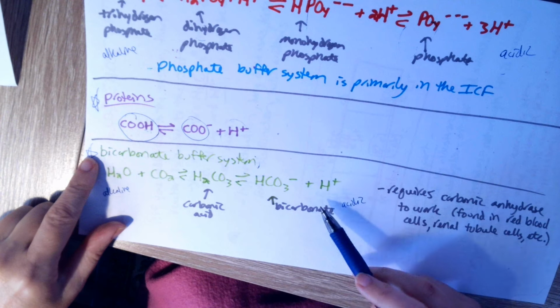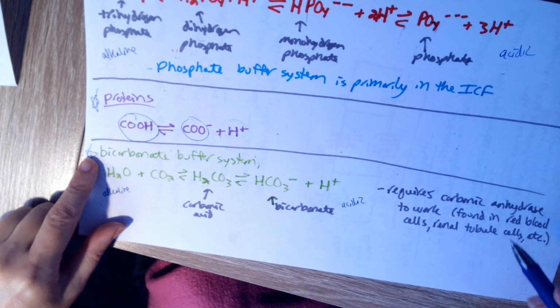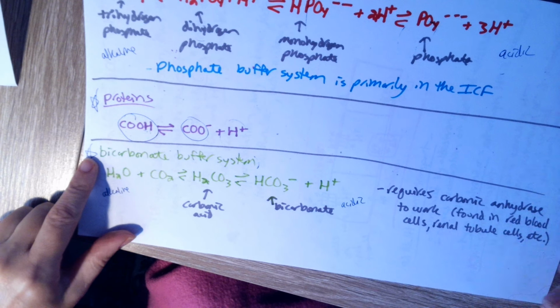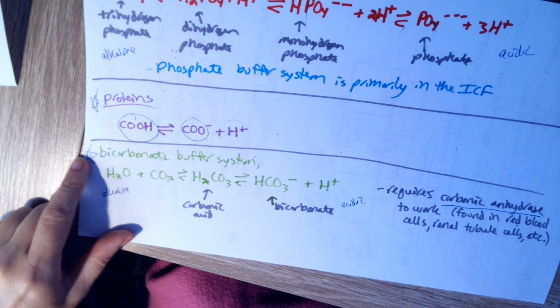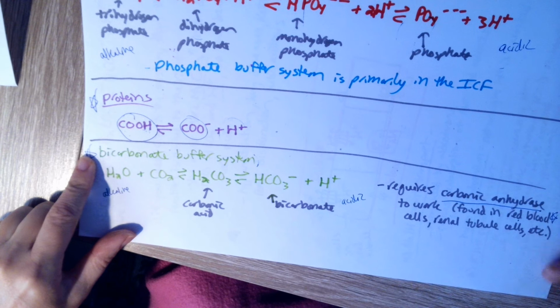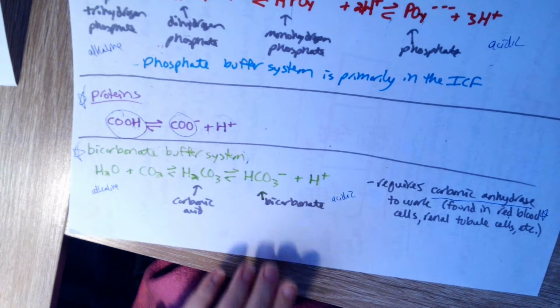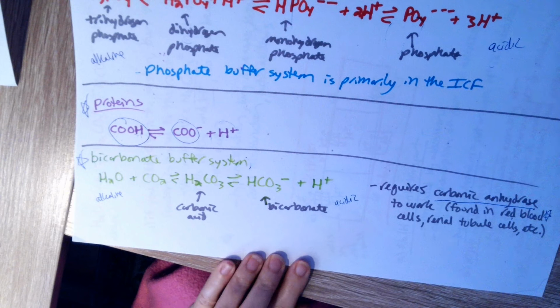Now, this buffer system does need an enzyme in order to work, and that enzyme is called carbonic anhydrase. You find this in your red blood cells, and you find it in the renal tubule cells, and in various places, but we're really focusing right now on it being in the red blood cells, and this becomes important later in this class.